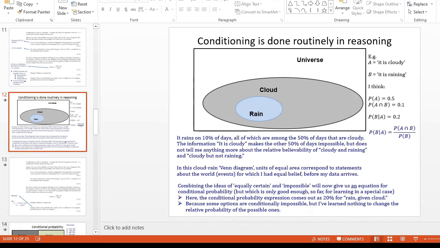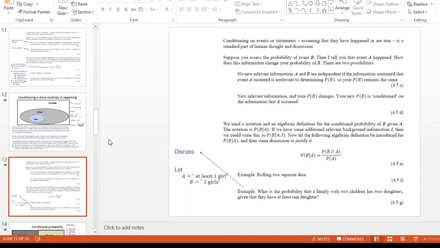In general, we can make quite a bit of progress in data analysis simply by exploiting the fact that some things become impossible based on data that we've received. So let's look at a second example of that, just because it's going to let me talk about some things I found interesting after this. So there's this example 4.5g.